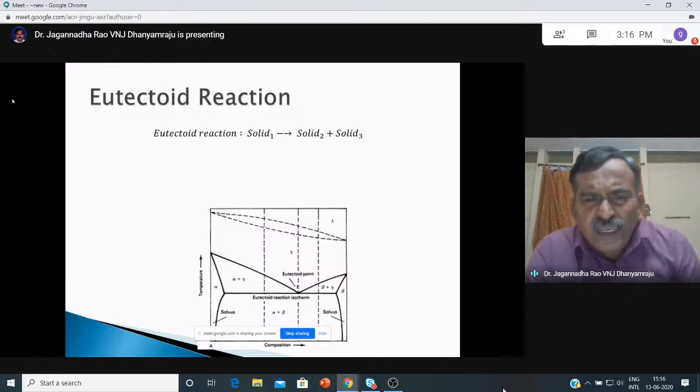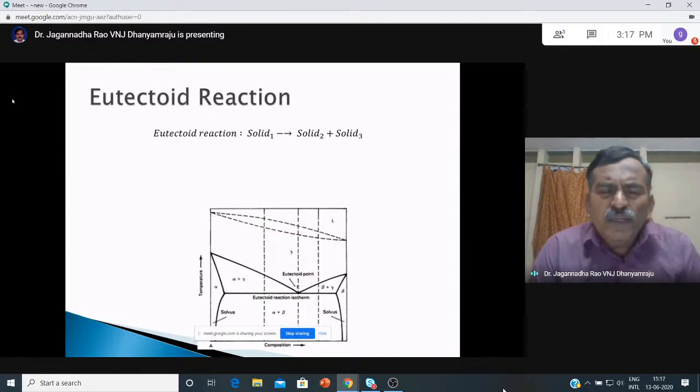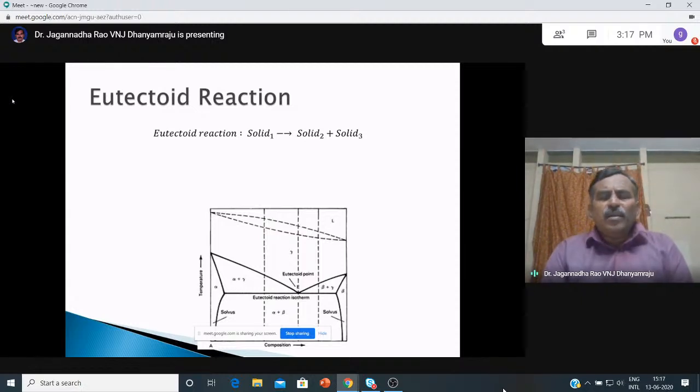So now let us see eutectoid reaction. Eutectoid reaction is also similar to eutectic reaction, but is occurring at the solid state. And in the eutectoid reaction, solid 1 precipitates into solid 2 and solid 3. Right?